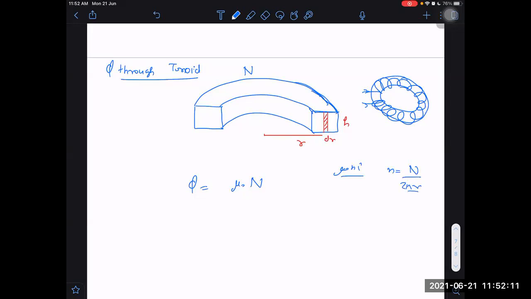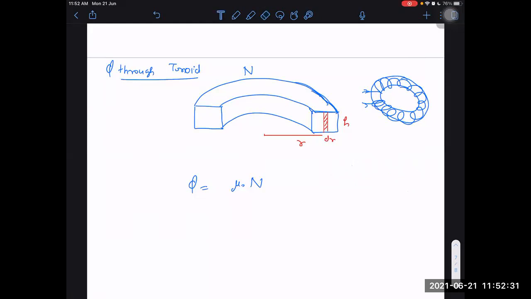Don't worry, I will multiply by area. I'm just trying to recall that it is not small n here. It is capital N upon 2 pi r, to remind us that here N is constant, but in case of a solenoid, small n is constant.